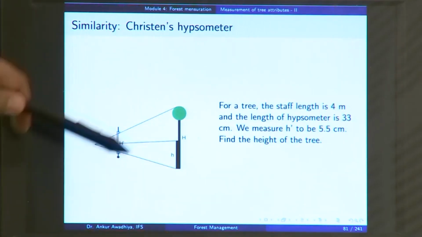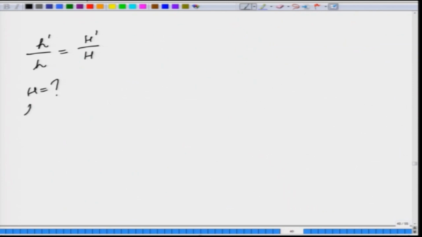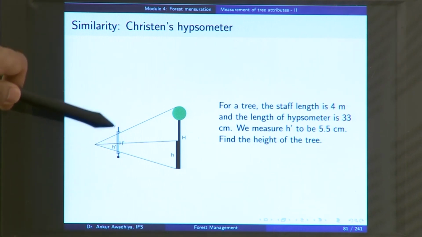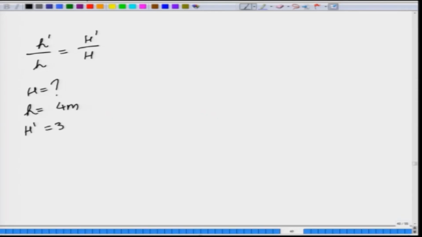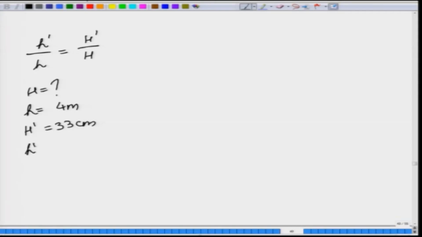We know the value of small h. So, small h is 4 meters. We know the value of capital H prime, which is the length of the hypsometer, which is 33 centimeters, and we have measured small h prime to be 5.5 centimeters.